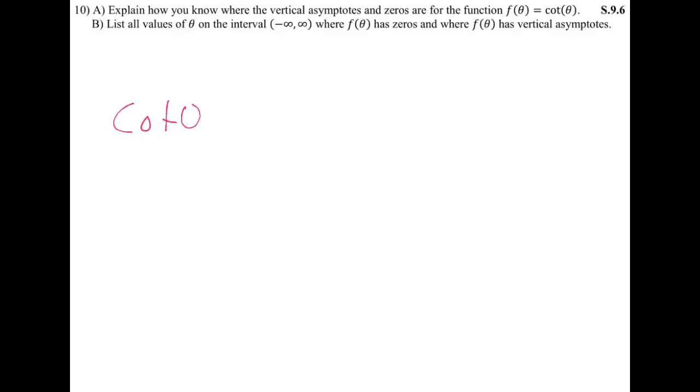Cotangent of theta is defined as, using this quotient identity, cosine of theta divided by sine of theta. Well, this is a fraction. Think about how fractions work. These fractions will be undefined when the denominator is 0. When the denominator is zero, giving us an undefined value, that means we will have a vertical asymptote.